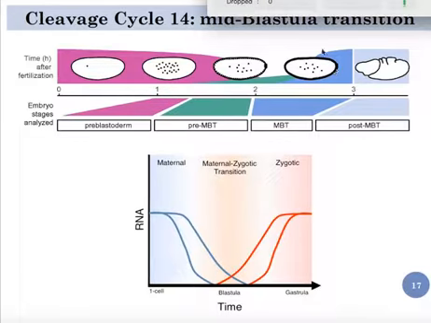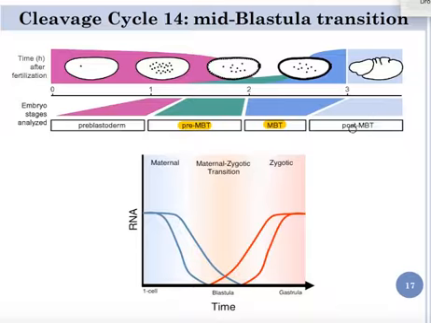This cycle 14 is also called MBT, which stands for the Midblastula Transition stage. The Midblastula Transition is a critical stage during embryogenesis, since everything before is called pre-MBT and everything after is called post-MBT. So it's a very critical and important stage during development.